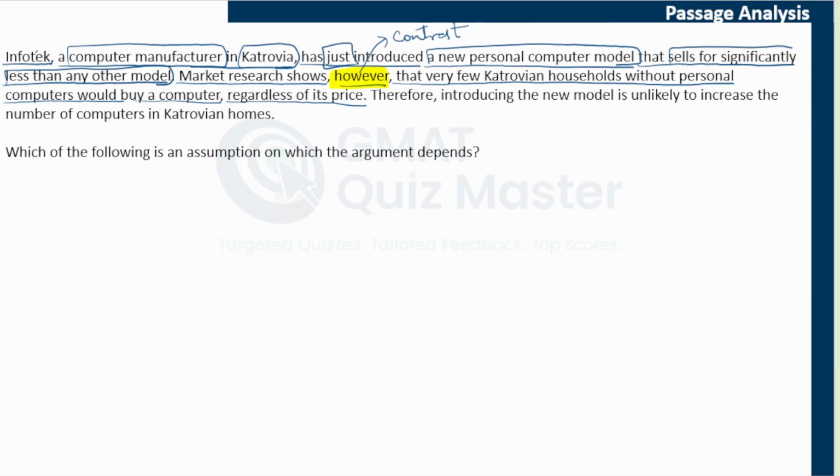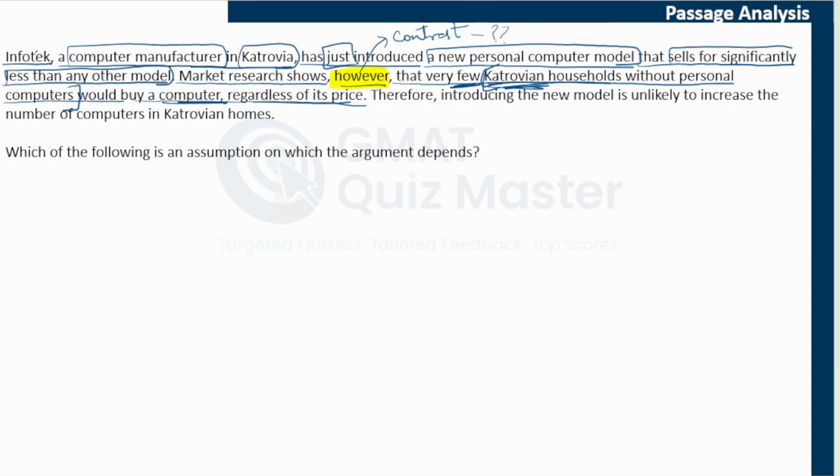So the contrast is about Ketrovian households that do not already have a personal computer, and the contrast is that very few of them would buy a computer irrespective of its price. Whether it is expensive or not, these households are not very likely to buy a new PC. So, what is the contrast here? This is something that we get to know about these Ketrovian households without personal computers.